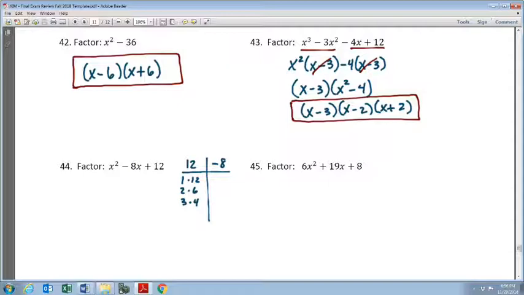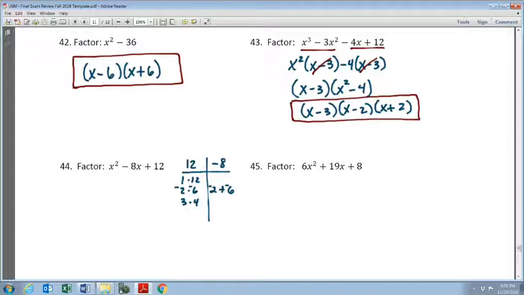When we multiply 2 numbers and we get a positive, they must both be positive or negative. Since these numbers add up to a negative, they must both be negative. So you can see the one that works here is going to be negative 2 and negative 6. Notice negative 2 times negative 6 is 12, and negative 2 plus negative 6 is negative 8.